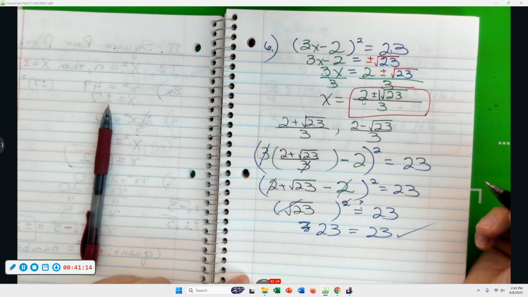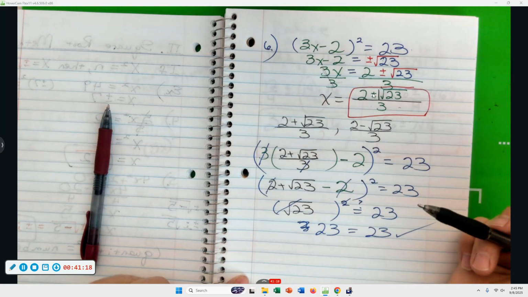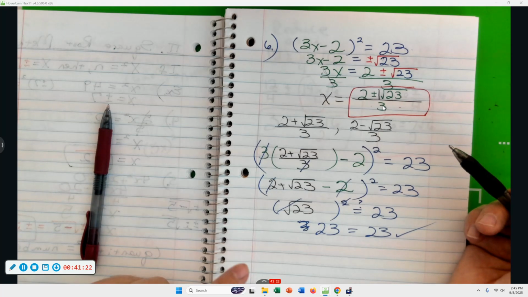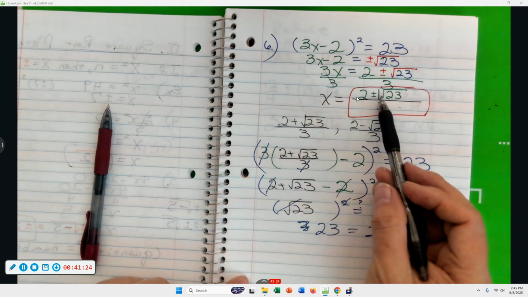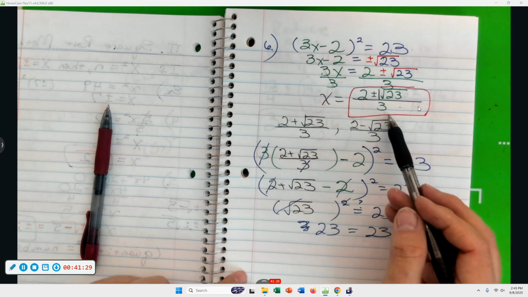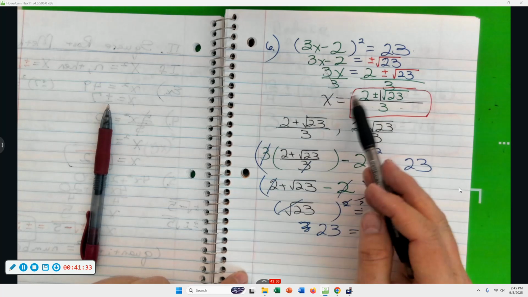That's like a 1 times the square root of 23. 1, 2, and 3. What's the only number that divides evenly into 1, 2, and 3? 1 dividing by 1 wouldn't change anything. 2 divided by 1 would stay a 2. 3 divided by 1 would stay a 3. That's why we didn't have to reduce any further there.